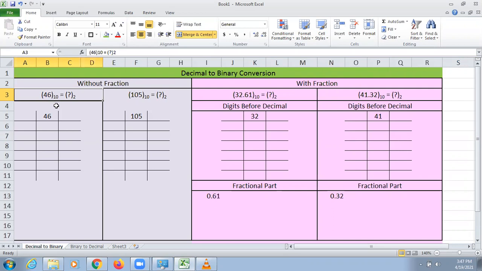Base 10 means this number is made up of a combination of the digits 0 to 9, so the total number of digits is 10. Using these 10 digits, we have made this number 46. That's why the base is 10, and 10 represents that it's a decimal number, right? We have taken this value from the decimal number system.